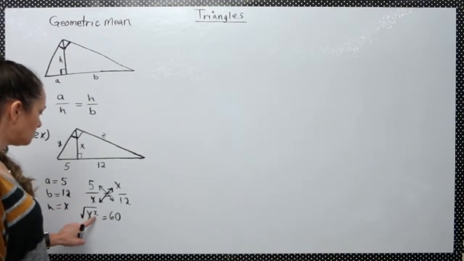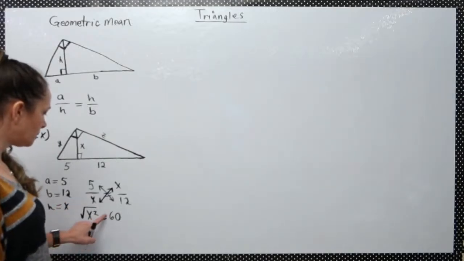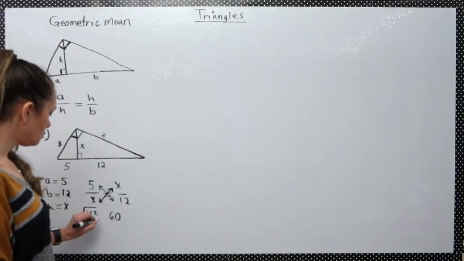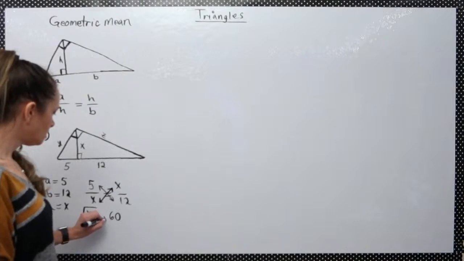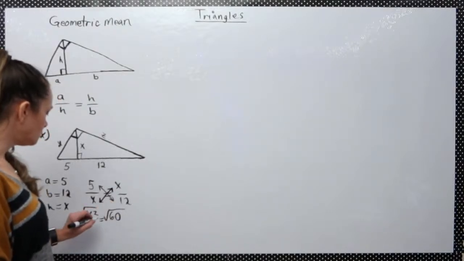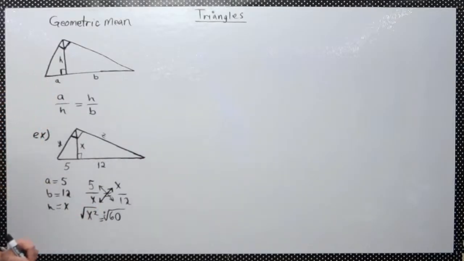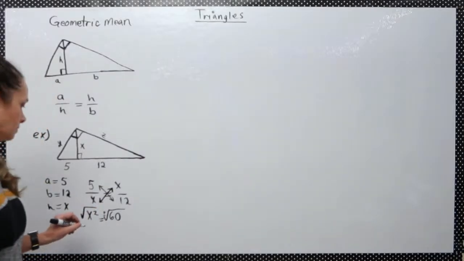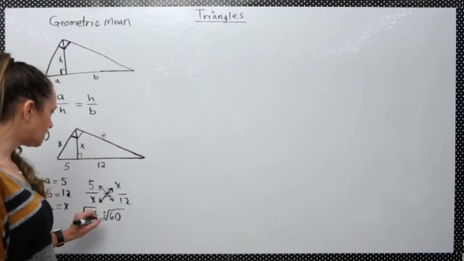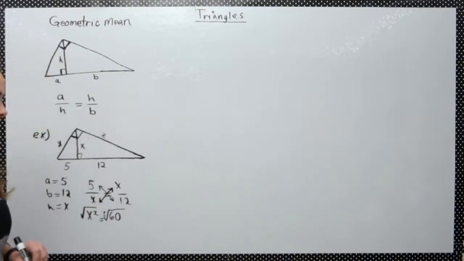If I want to undo a square, I have to square root it. And then inevitably, when you take the square root of something, you have a positive and negative. However, we'll just take the positive root because you can't have a negative distance.